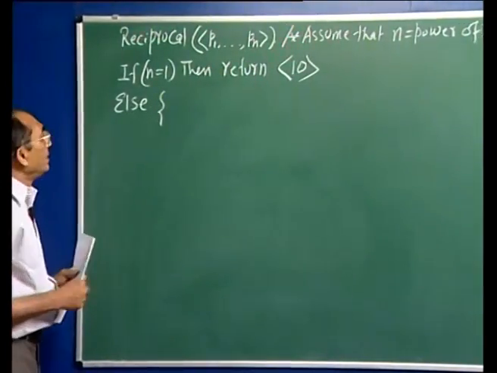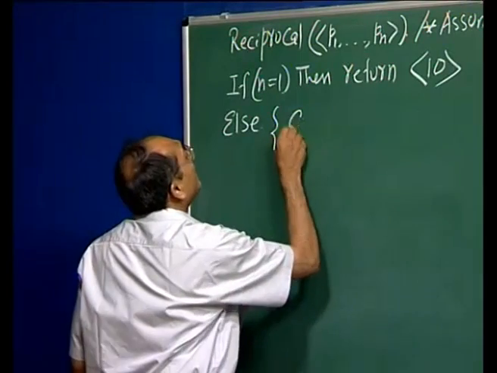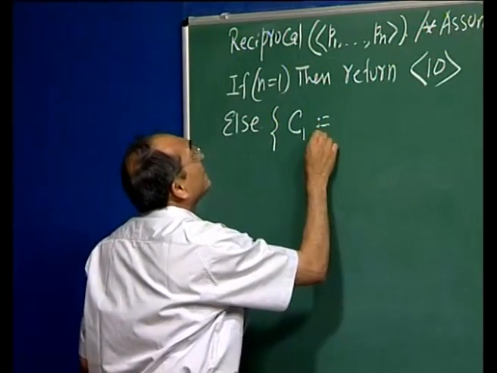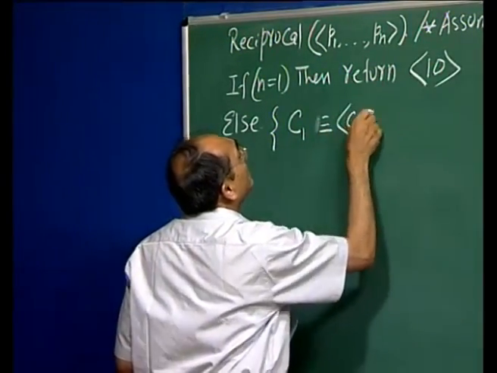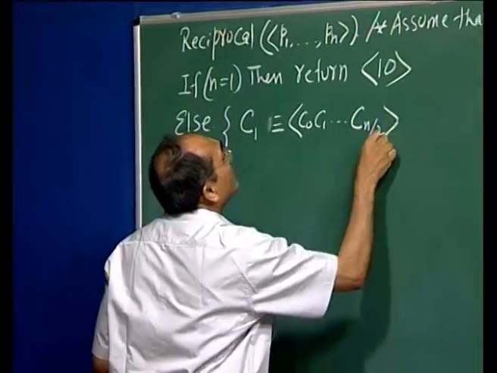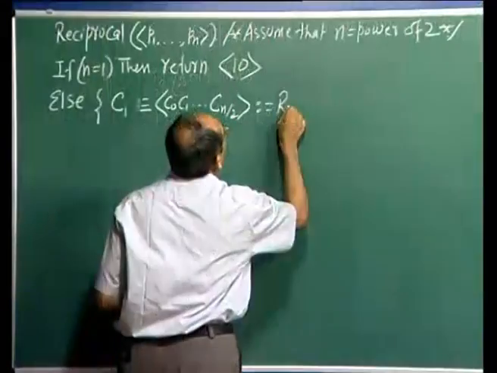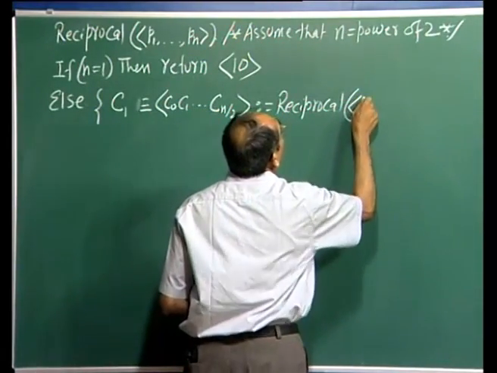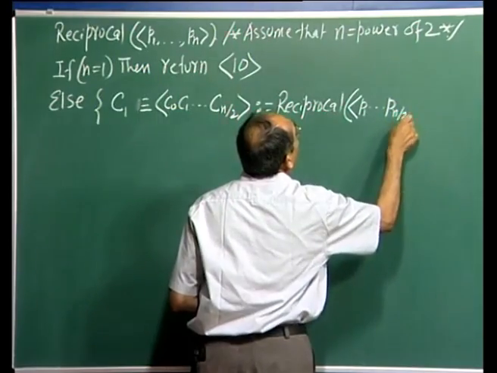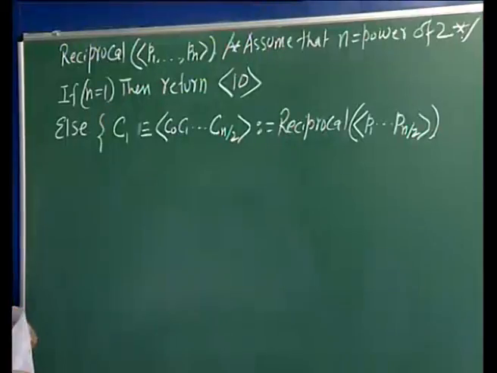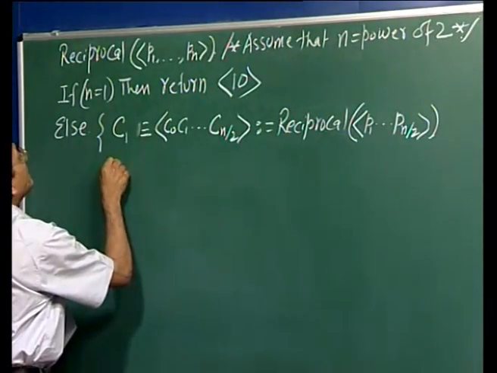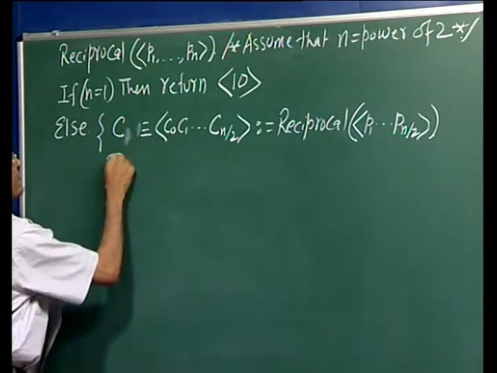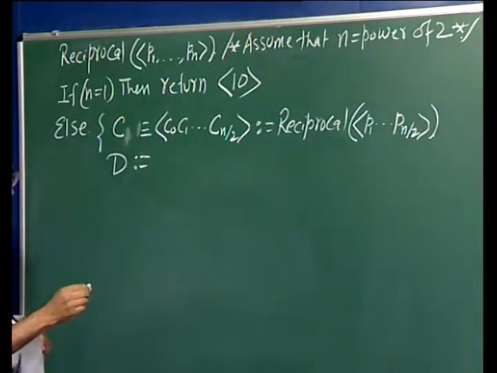Now in this case, let's compute C to be equal to reciprocal of the most significant n by 2 bits of P. We don't need a subscript on C, so we'll simply say C, and then we define d as we have done there.